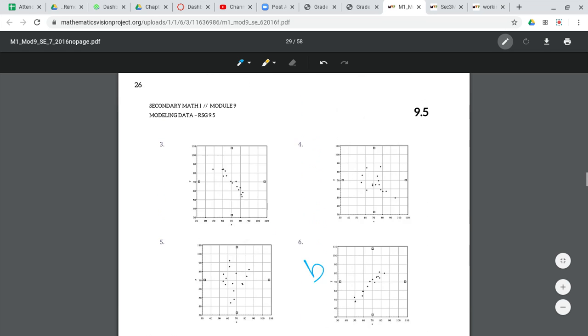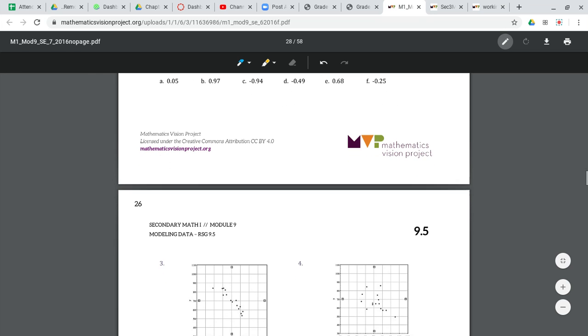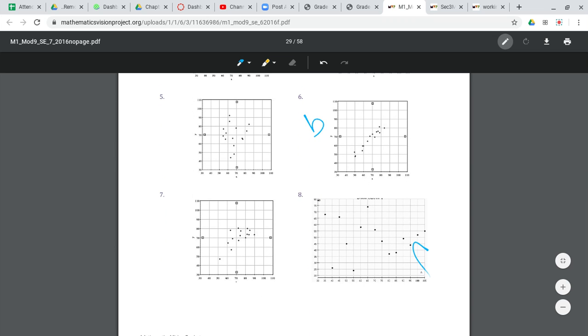So that means we're looking for a negative number from up here, and we don't want it to be very close to 1 or negative 1, I should say negative 1. So looking at these, which one is the furthest from negative 1? F. So that means 8 is F.